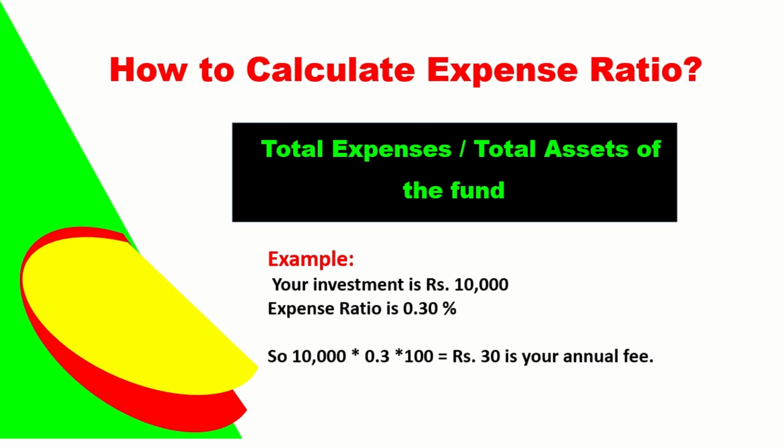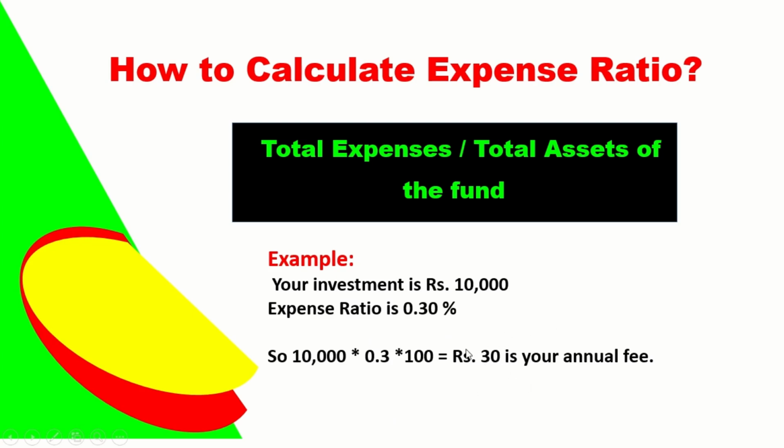All these expenses are included in the total expenses, which they divide by the total assets of the fund. It means if the total asset of the fund is 8 crore or 10 crore, they divide by that. For example, if you invest 10,000 rupees and the fund has mentioned 0.3%, calculating that gives 30 rupees, which is your annual fee.